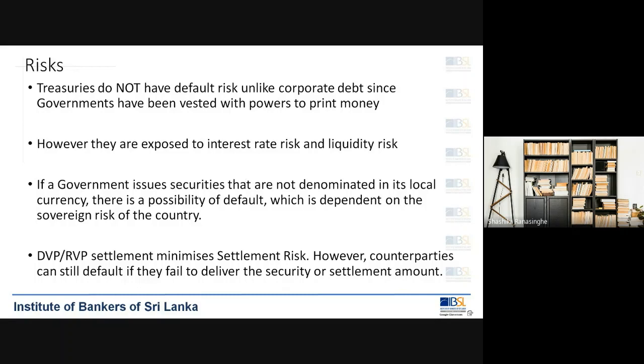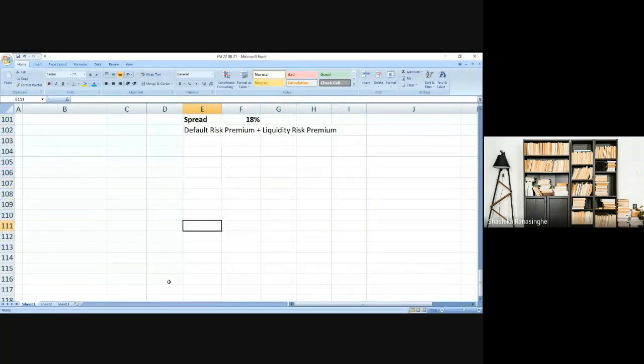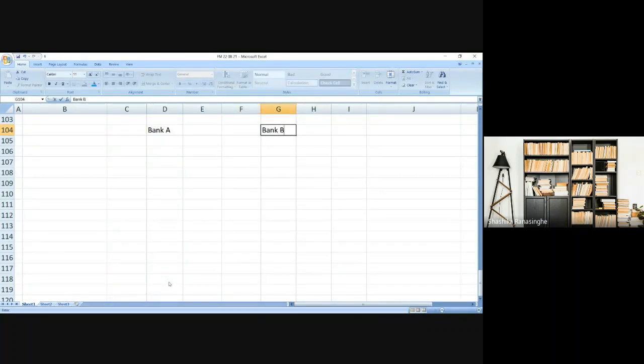Let us assume, I'll put that on an Excel sheet once again, that there are two local banks, Bank A and Bank B. Let's say Bank A buys $1 million from B at 200 rupees per dollar, right?